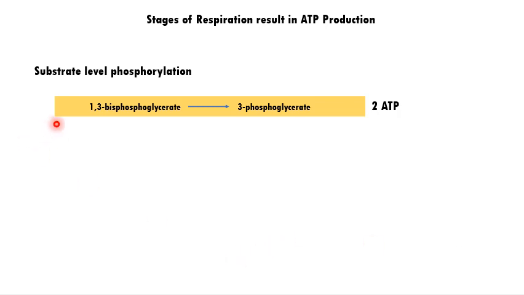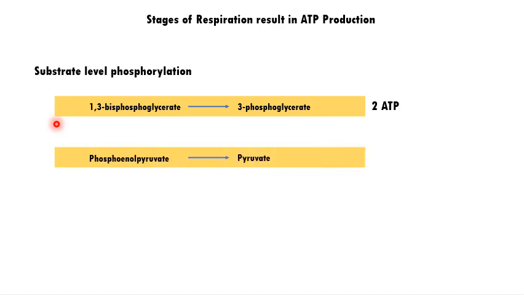There are three reactions which produce ATP by substrate level phosphorylation. The first two reactions come under glycolysis. The seventh reaction of glycolysis is where 1,3-bisphosphoglycerate becomes 3-phosphoglycerate. While doing so, it produces 2 ATPs. And the 10th reaction, where phosphoenol pyruvate becomes pyruvate, also produces 2 ATPs.